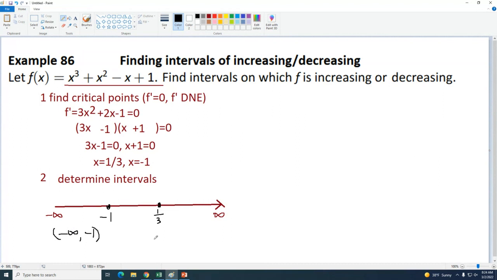And then the one in the middle is -1 to 1/3. That's our middle interval. We're creating 3 intervals, and the one on the far right is 1/3 to positive infinity.